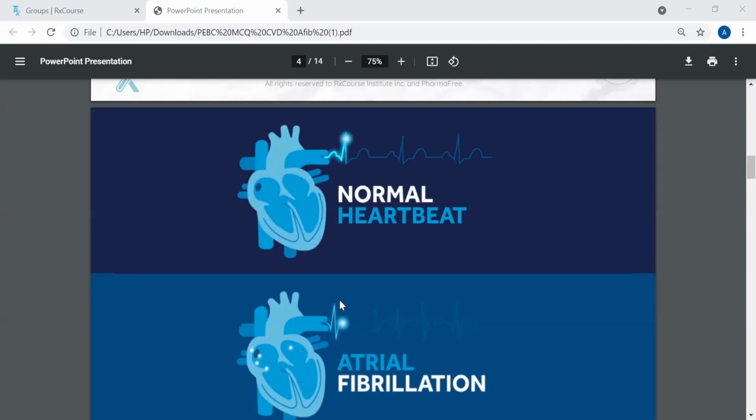Generally speaking, if a patient has an ectopic focus or more than one ectopic foci, the best option is ablation.